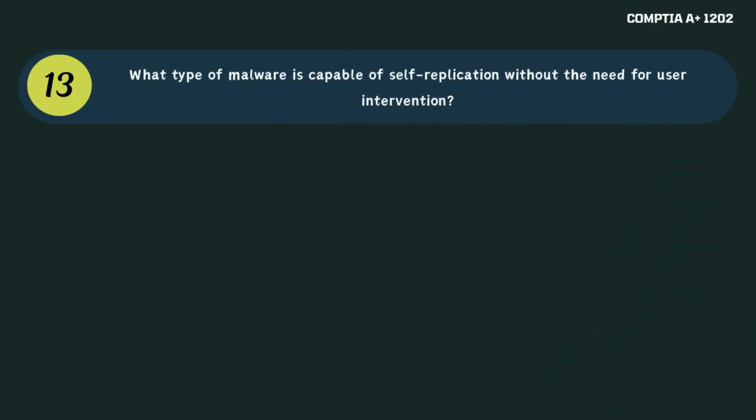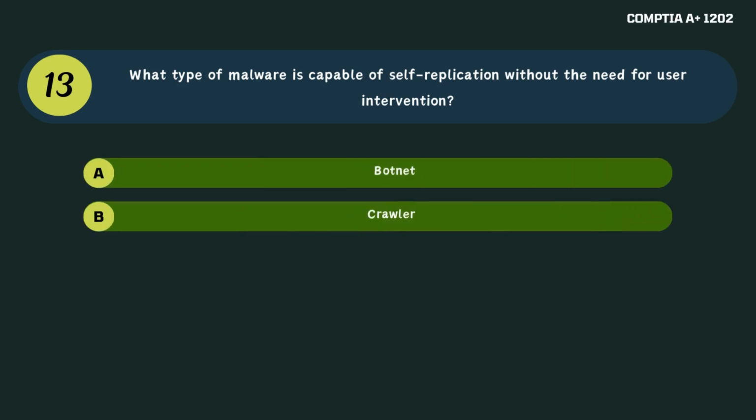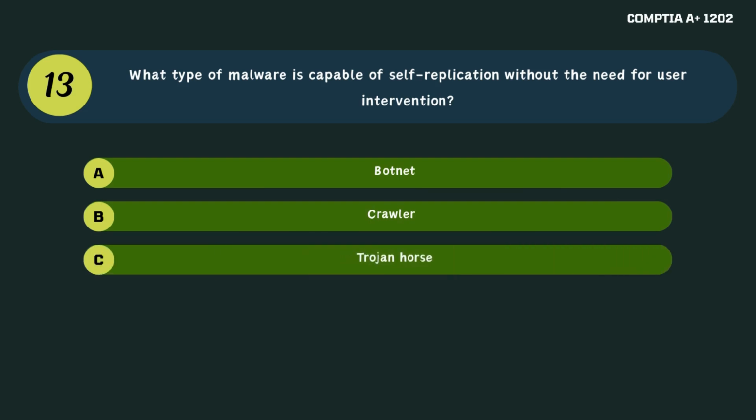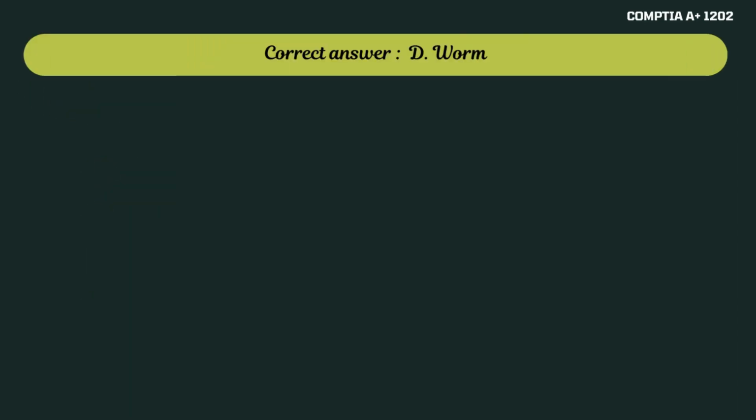Question 13. What type of malware is capable of self-replication without the need for user intervention? A. Botnet. B. Crawler. C. Trojan horse. D. Worm. Correct answer: D. Worm.